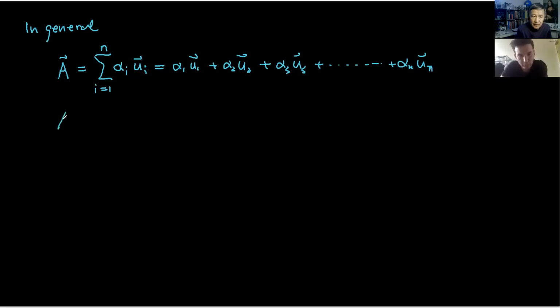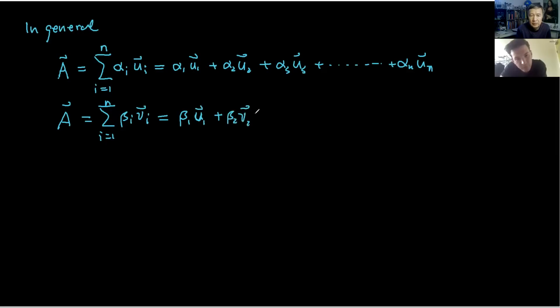Another way, the very same vector A can also be written in different bases. Say we call the coefficient beta i, vi, i equal to 1 to n. Similarly, you can expand that: beta 1 v1 plus beta 2 v2, and so on until beta n vn.